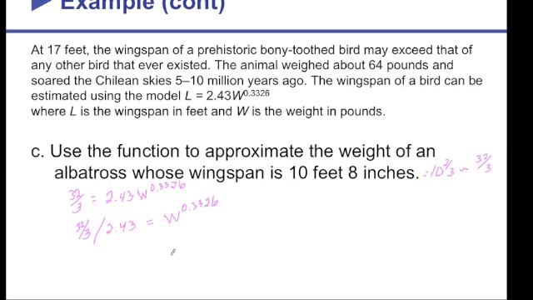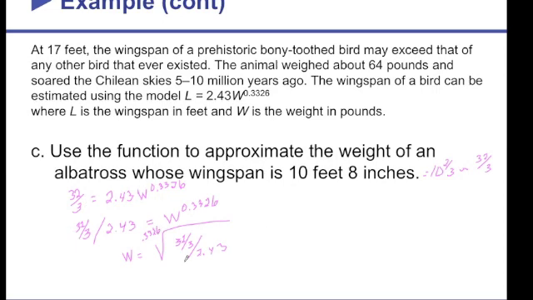And what I'm going to do to find W is take that 32 divided by 3 divided by 2.43, and take the 0.3326 root of that.